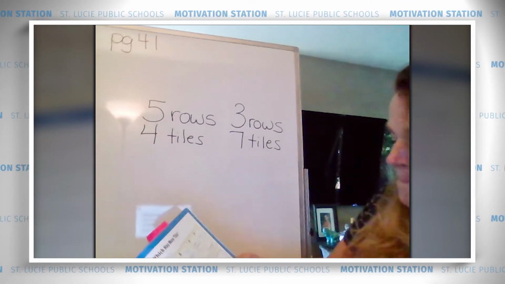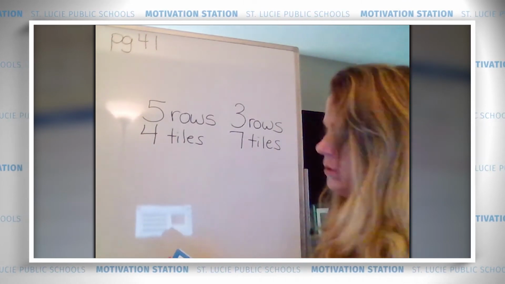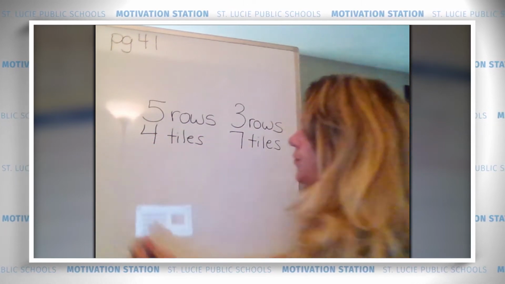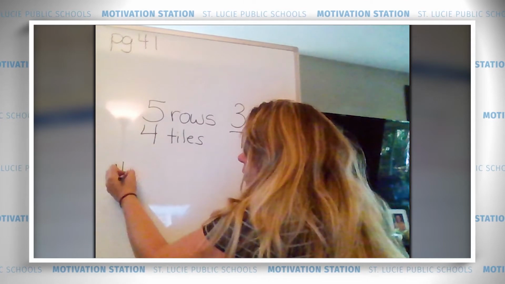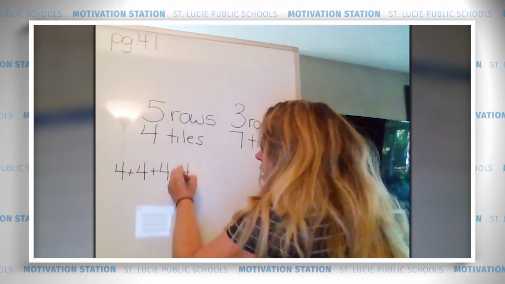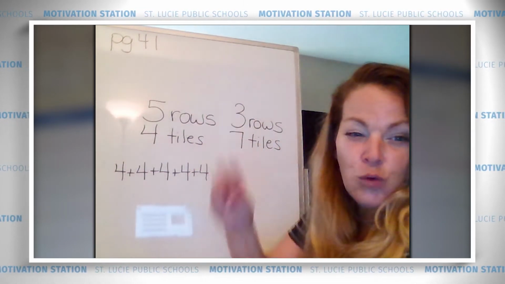Okay. So now we're going to do the addition equation. So 5 groups of 4. That's going to be 4 plus 4 plus 4 plus 4 plus 4. So remember, we can group those together.